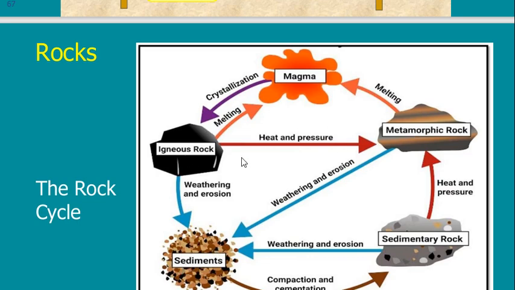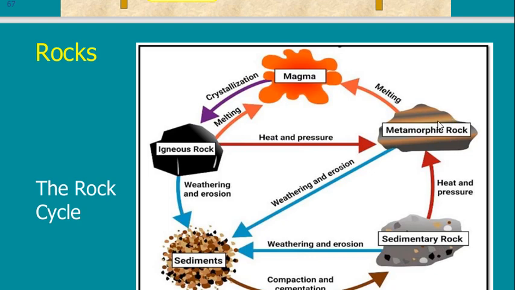But in between igneous, metamorphic, and sedimentary, I also have movement. Igneous can become metamorphic by the effect of heat and pressure. Sedimentary can become metamorphic by the effect of heat and pressure. So this is the internal movement between the three, and the three can become just normal sediments by weathering and erosion. If these sediments are compacted and cemented together, they again change to sedimentary rock.